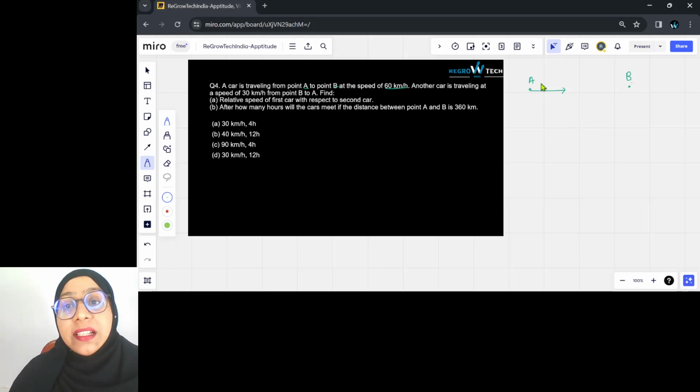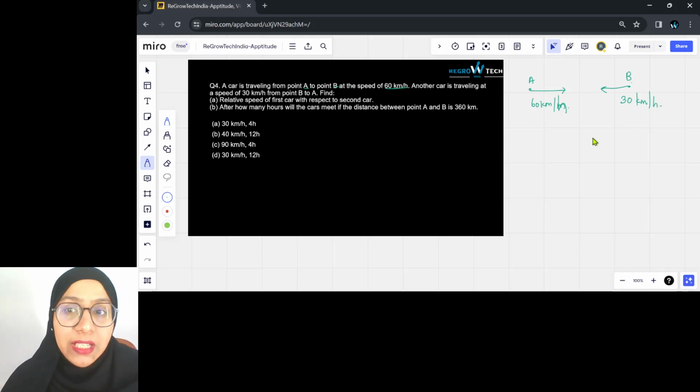The speed with which this first car goes is 60 kilometers an hour. Another car is traveling at a speed of 30 kilometers from point B to point A. So this is coming from B to A, meaning in this direction, and the speed with which this comes is 30 kilometers per hour, right?